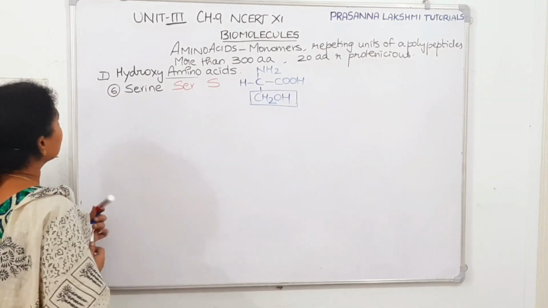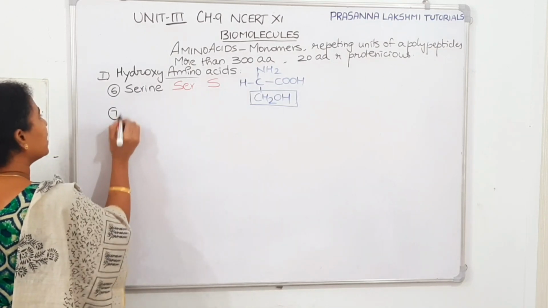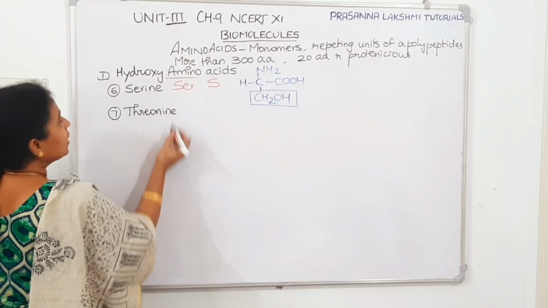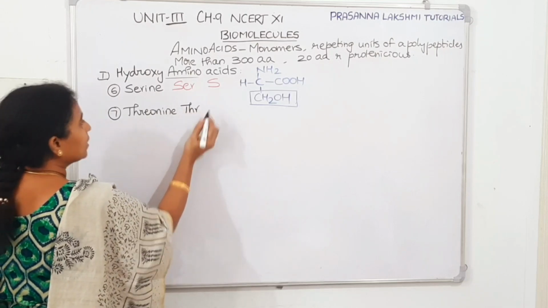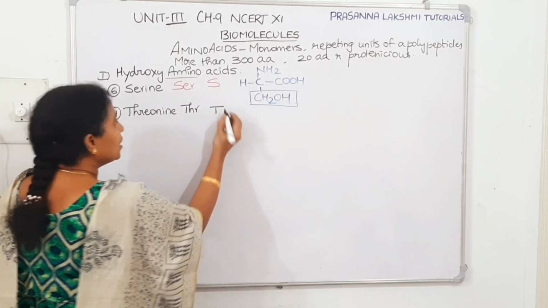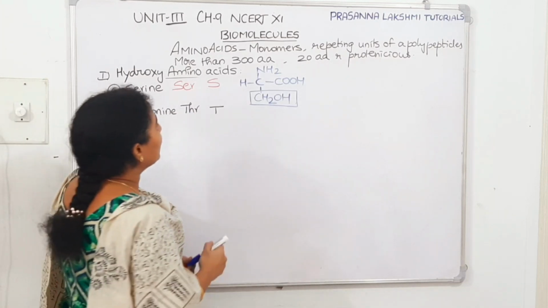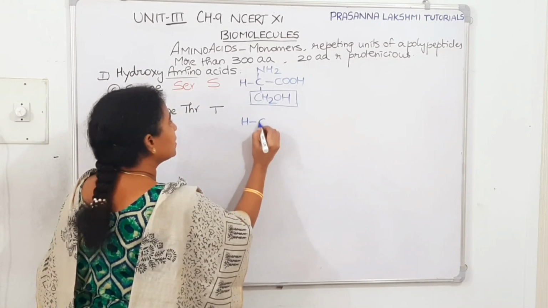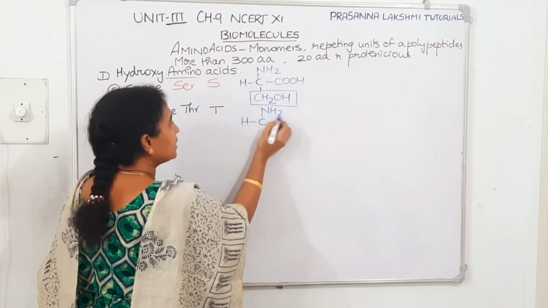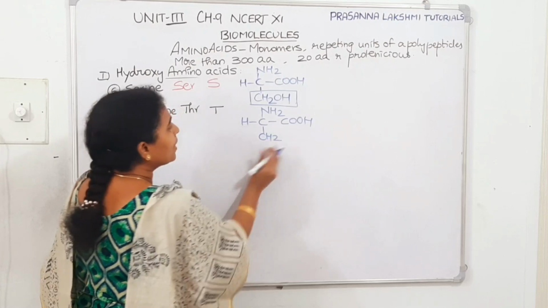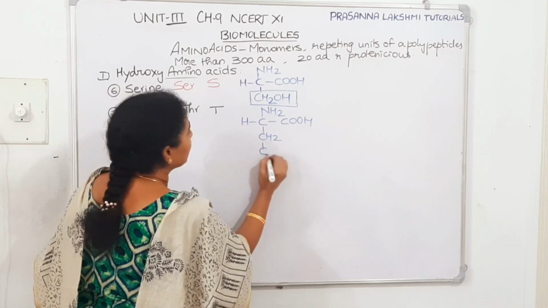The next amino acid will be threonine, the 7th amino acid. Threonine, 3-letter representation is THR, single letter representation will be T, and the R group will be, take hydrogen as it is, amino group as it is, carboxylic group as it is, add one methyl group extra to serine, that's what I did.